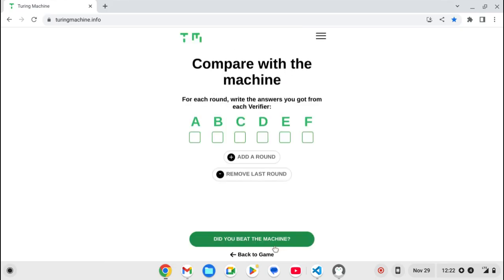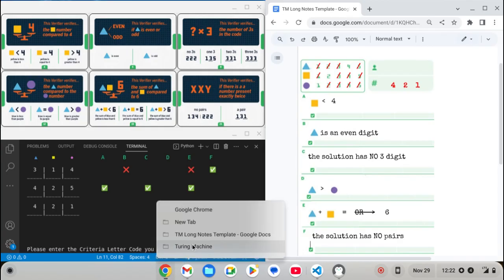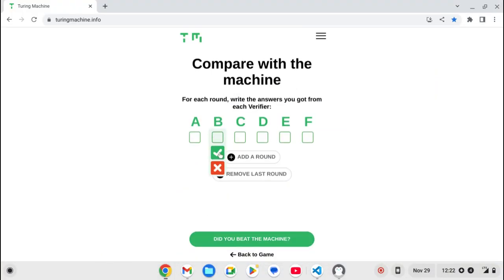Fantastic. Well, how do we do versus a Turing machine? Well, it is a 6 criteria card puzzle, but we did 7 tests. In the first round, we did BEF, where F was the only correct. And then we did ACE. We retested E and got it correct, and then we had to confirm D. So B and E were incorrect.